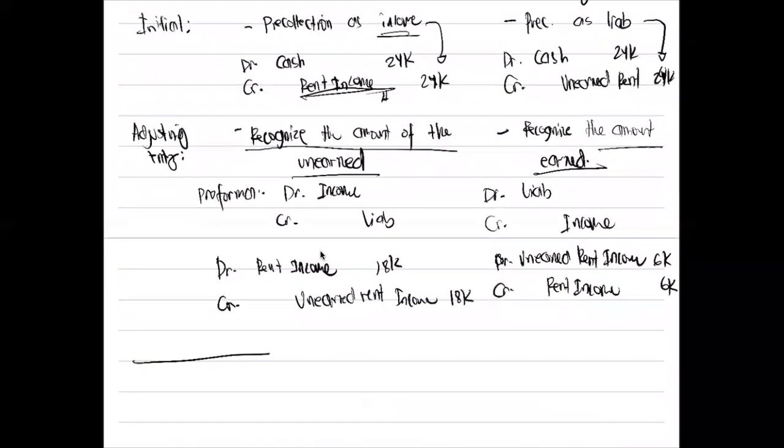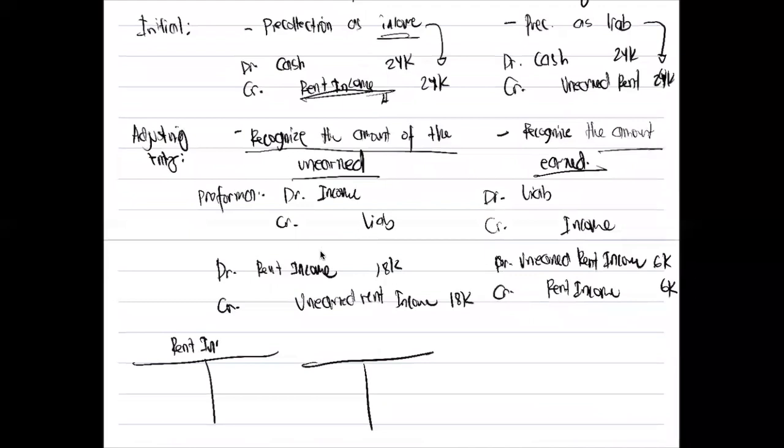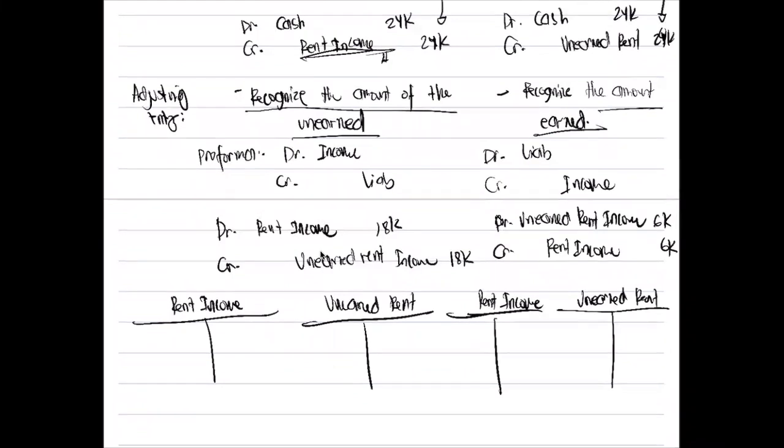So we have here rent income and unearned rent. We also have here rent income, and unearned rent. Okay? Rent income and unearned rent.